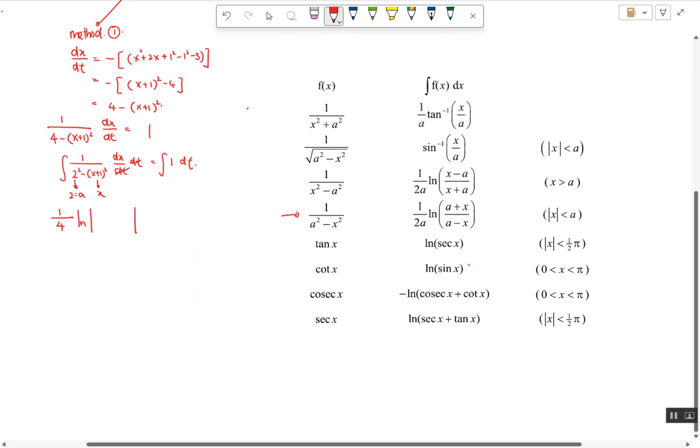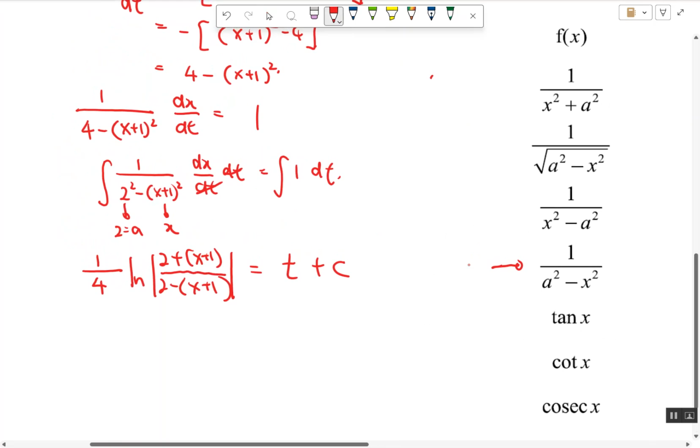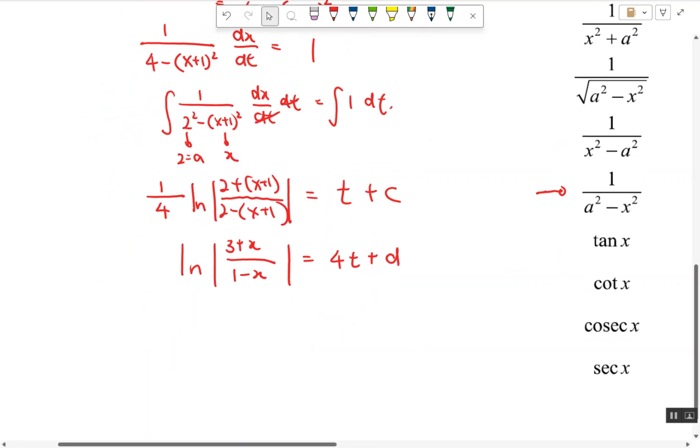You apply it to this: 2 plus x plus 1, 2 minus x plus 1, equals t plus c. Your plus c, always write t on the right side. Multiply the 4 over, I will have ln modulus of (3 plus x) over (1 minus x) equals 4t plus d, where d is equal to 4c. It doesn't matter for now.